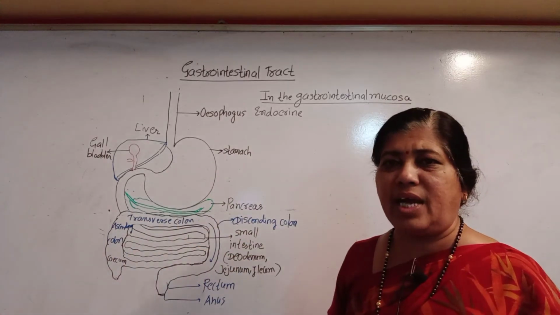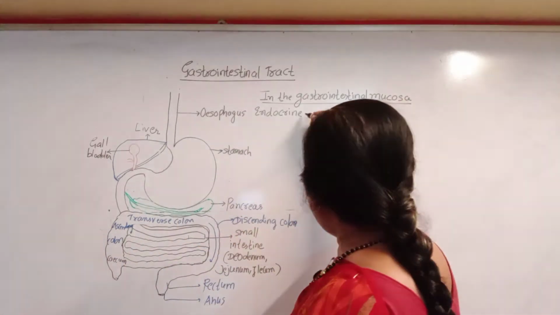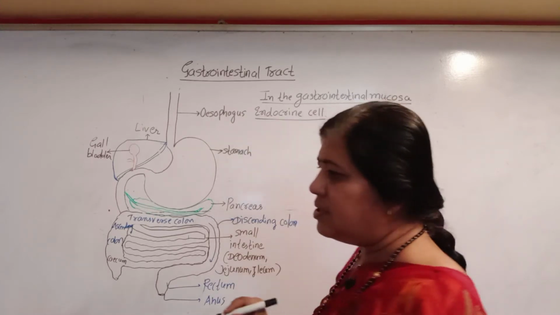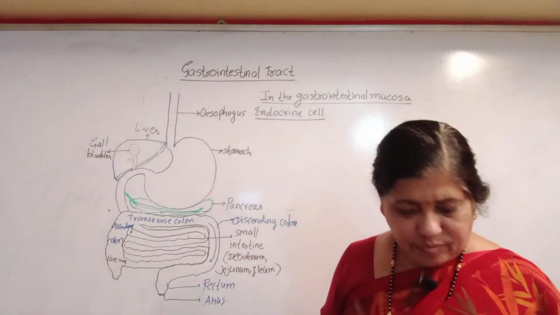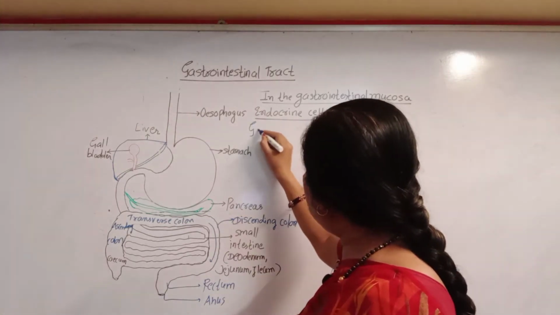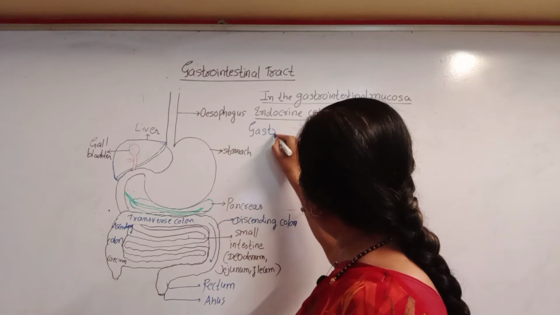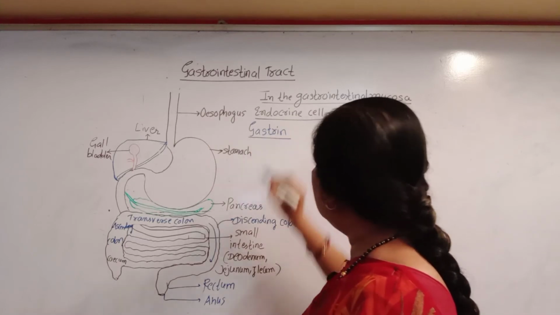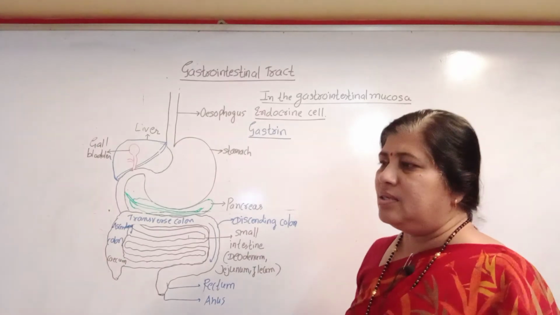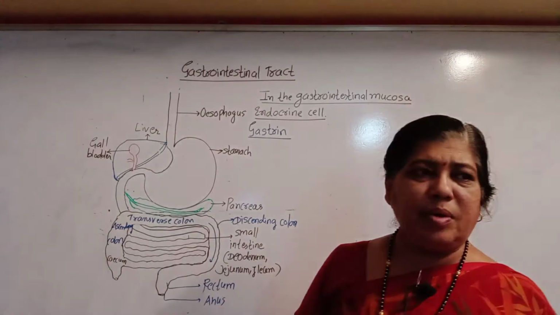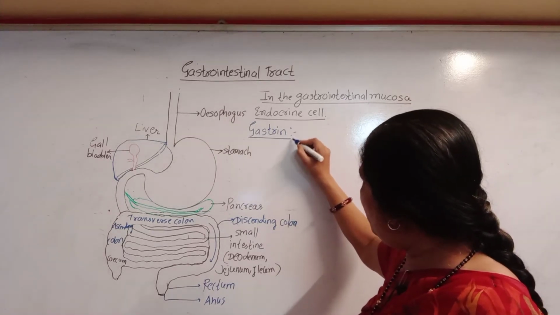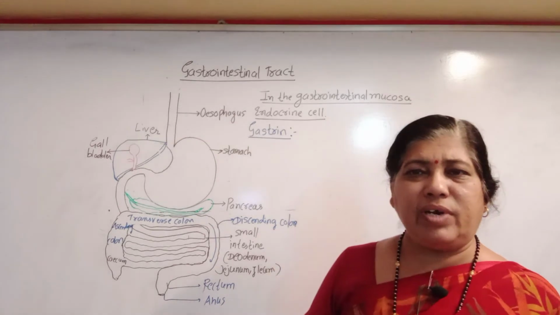These endocrine cells secrete certain hormones, and these hormones are gastrin, secretin, cholecystokinin, and gastric inhibitory peptide. We will discuss all the hormones of the gastrointestinal tract one by one.